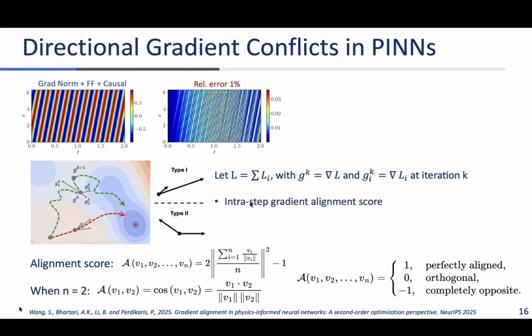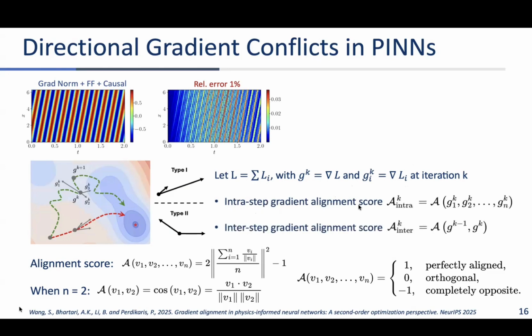Now we can define the so-called intra-step and inter-step gradient alignment scores, where they measure the gradient conflicts of n sublosses within a certain gradient descent step or across consecutive steps.